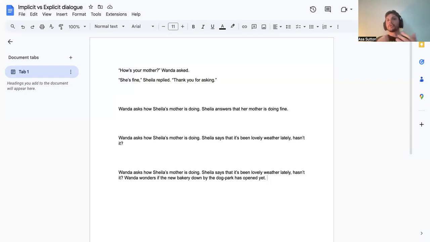So there's a version of this conversation, and because they're going back and forth without commenting on the fact that they aren't answering each other, it means that they are answering each other. And we actually don't know what they're saying. The conversation is happening invisible to us. Sheila could have said something incredibly important about her mother, and we just don't know what it is, and we don't get a reaction to it.